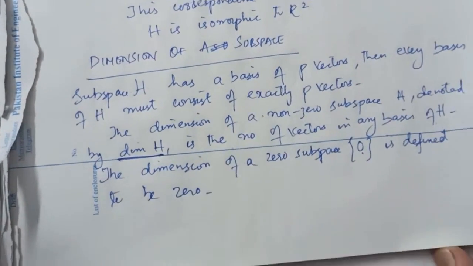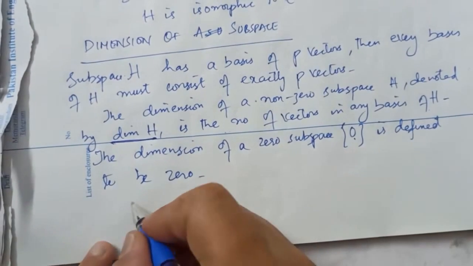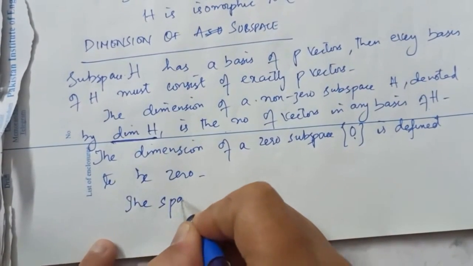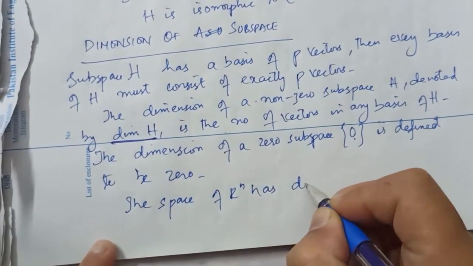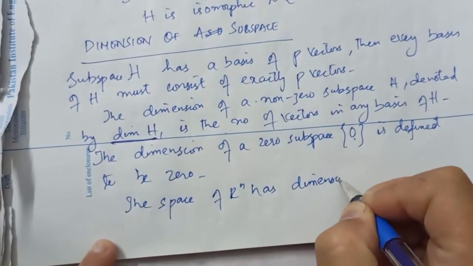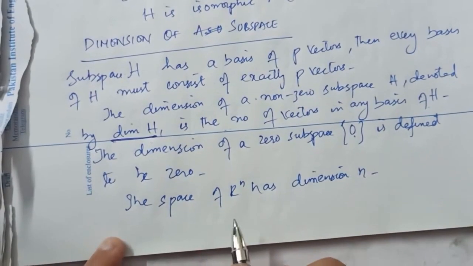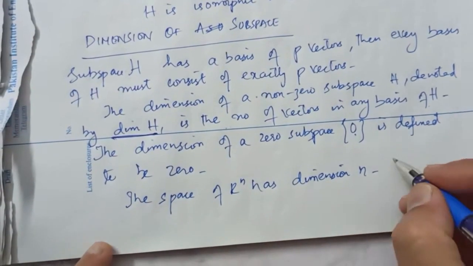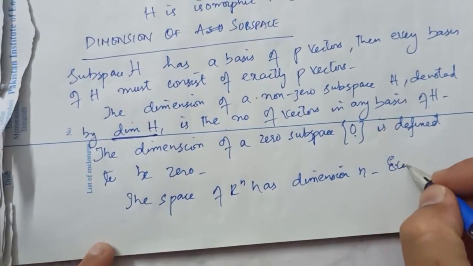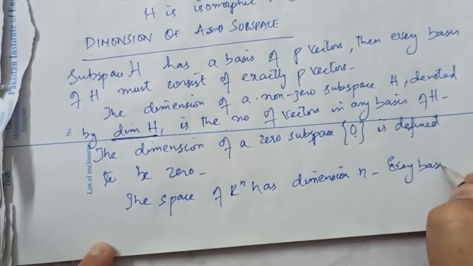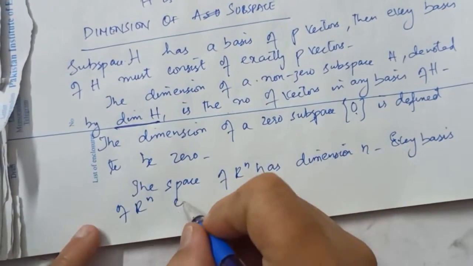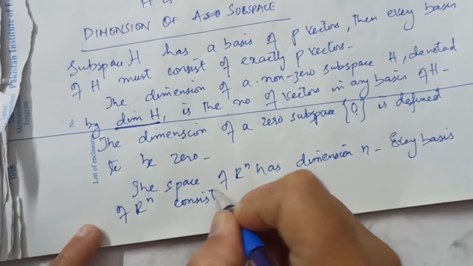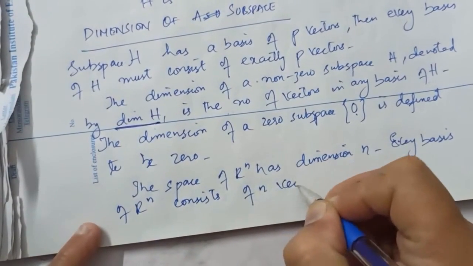If you want to generalize, the space R^n has dimension n, right? And every basis of R^n consists of n vectors.